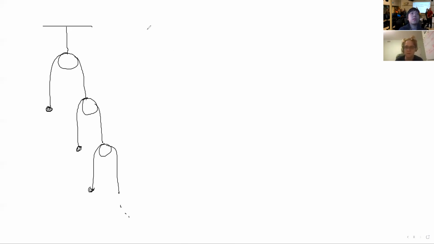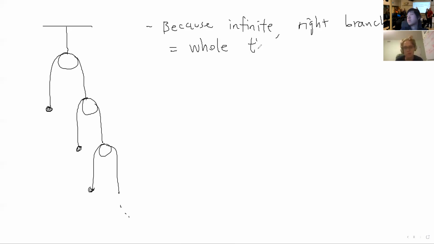Okay, so we can say because infinite, the right branch is equal to the whole thing. So because the effective mass times G is equal to the tension, okay. So like we have this, right? So then now we have to find the effective mass.